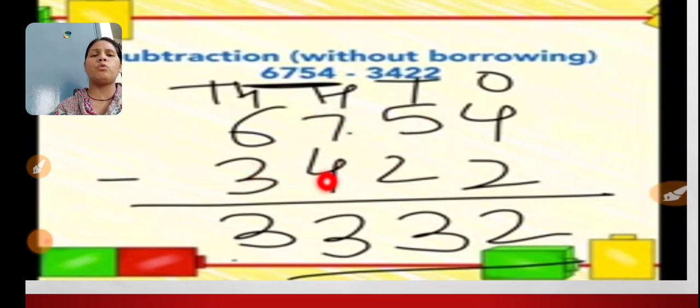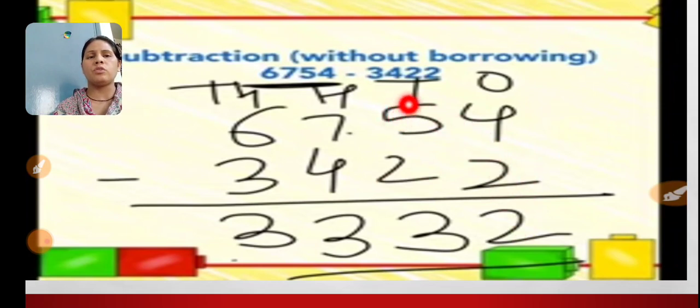Now move to step number 3: always start subtracting from the ones column, then the tens column, then hundreds, and then thousands. Let us start from the ones column. 4 minus 2 is equal to 2.